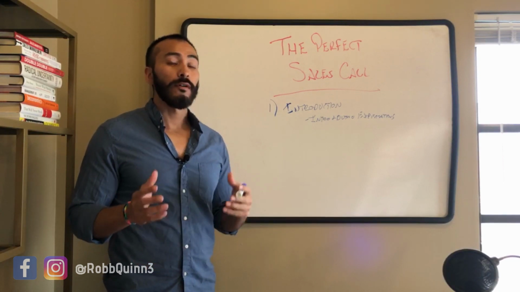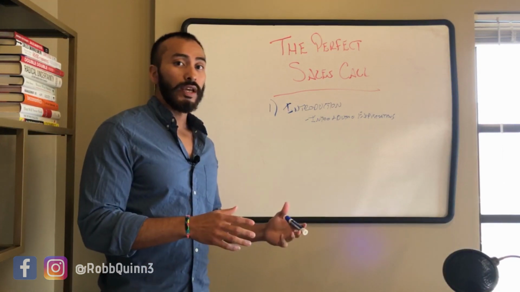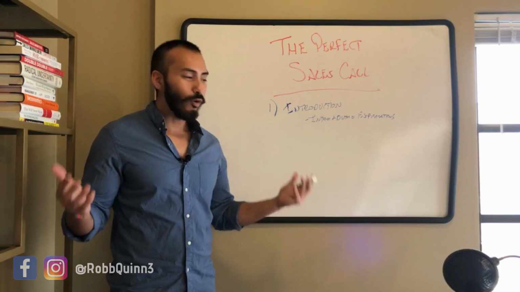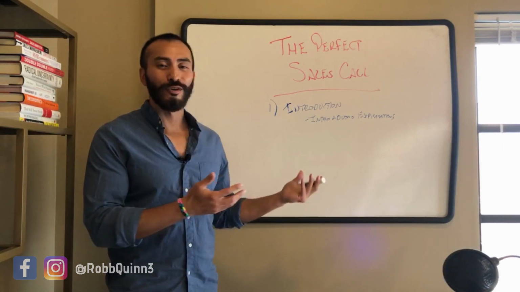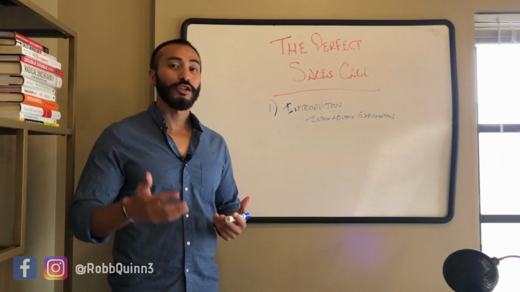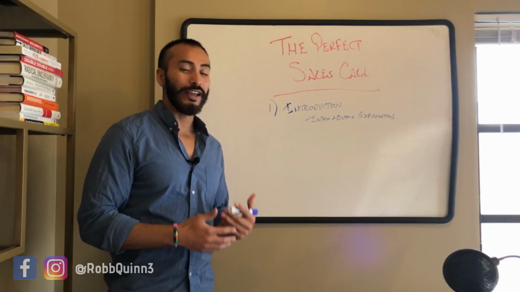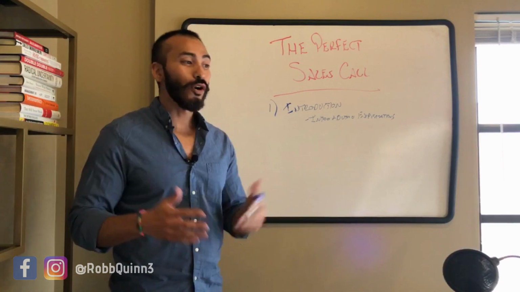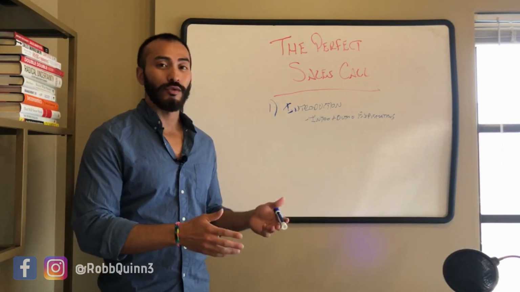People fear what they don't know. And they already know that the whole goal of this call is to create some type of mutually beneficial outcome, which is you taking their credit card in order to solve a problem.